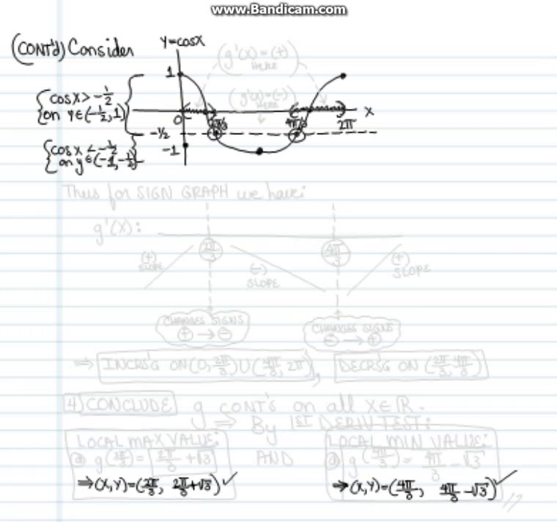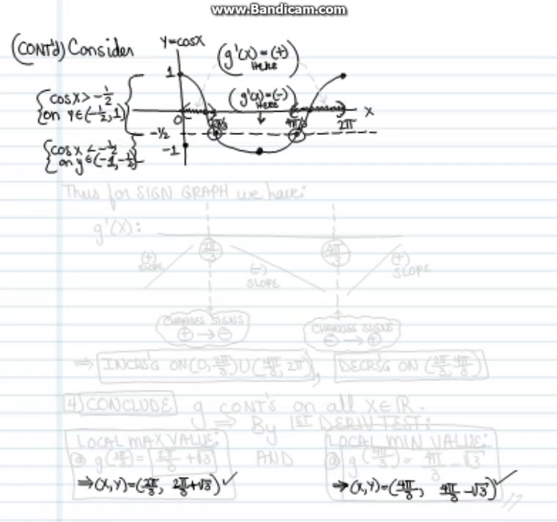Okay, so what I'm interested in is finding the marks of positive or negative values for the divvied up number line that I have in step 3. So let's continue from this point. We have g prime of x equal to a negative in this region here, which is for x values between 2 pi over 3 and 4 pi over 3.